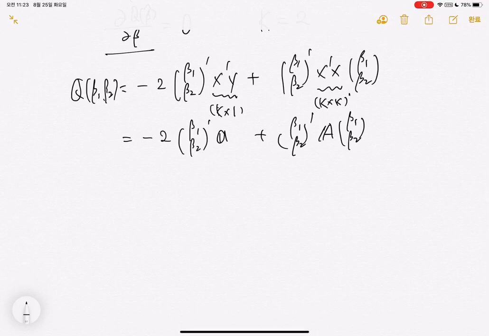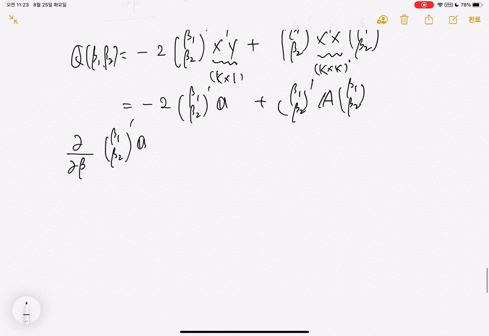So first let's think about partial beta of beta 1 beta 2 prime a. Here a you may write as a1, a2.